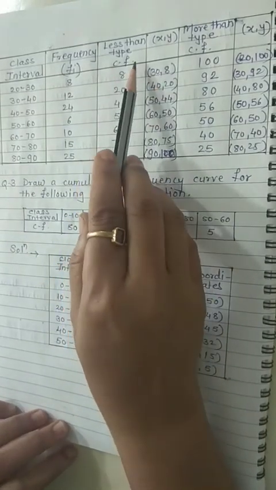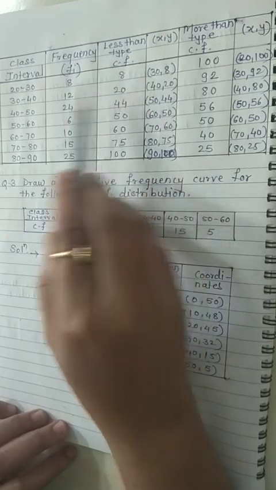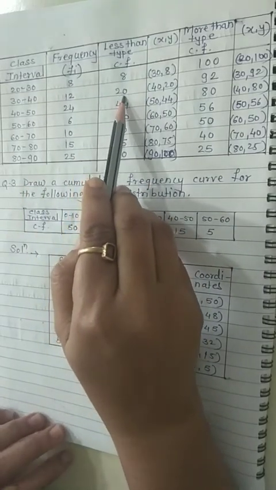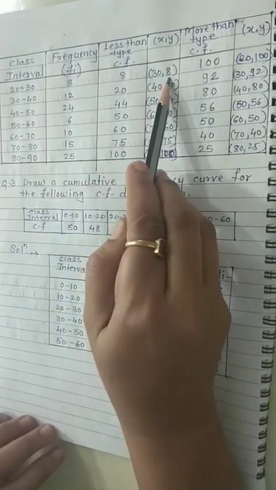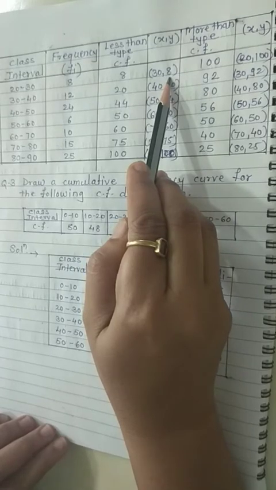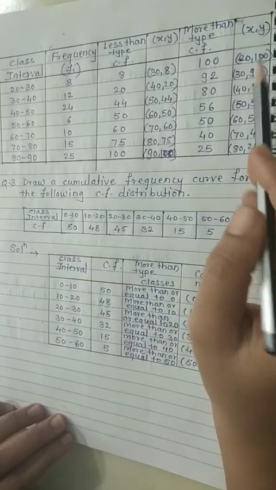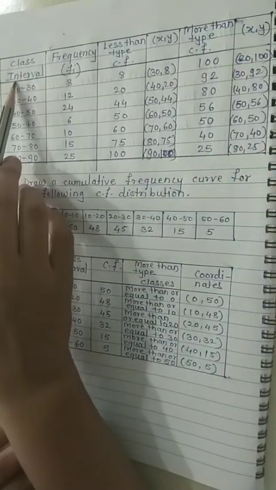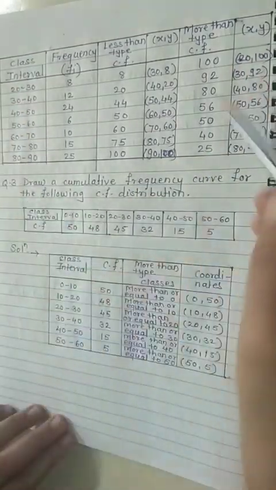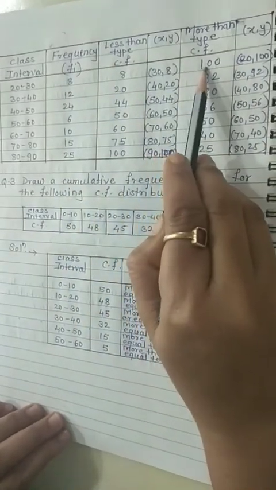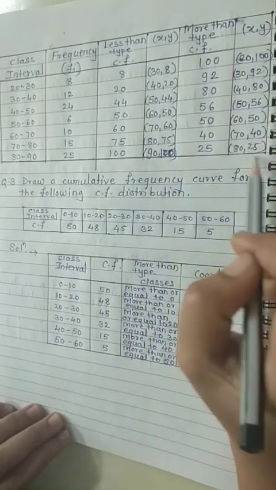We know that for the less than type cumulative frequency we are always considering the upper limits as the x coordinate and the corresponding cumulative frequency as the y coordinate. And for more than type cumulative frequency, we are always considering the lower limits of the class interval as our x coordinate and the corresponding cumulative frequency as the y coordinate.